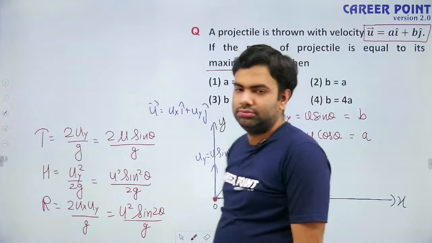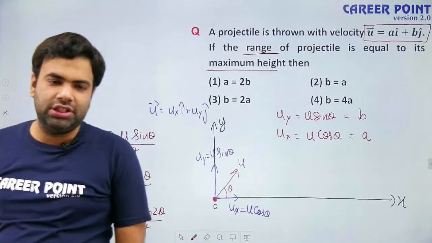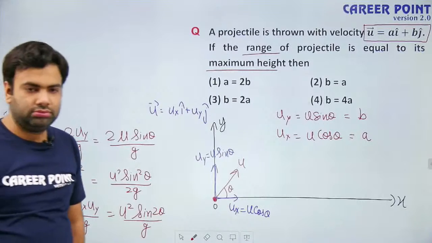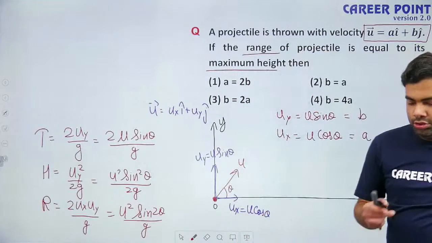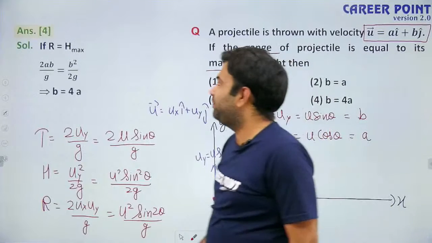Think. Beta, you have made a calculation mistake. So the correct answer is option 4.